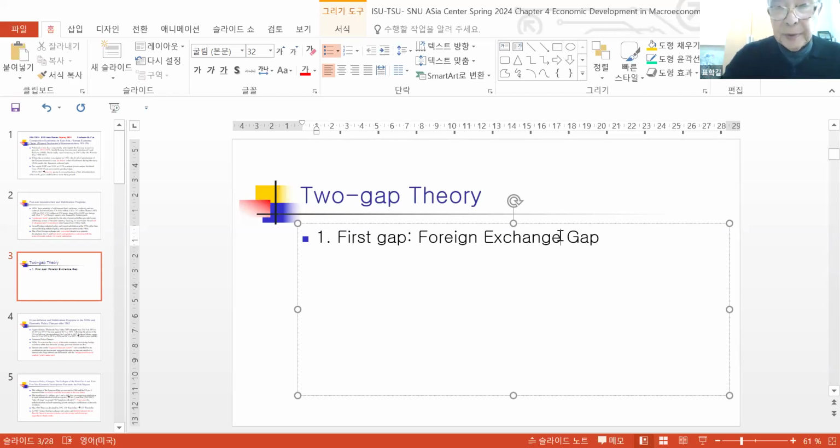Simply dollars, for example, internationally available dollars. What is the foreign exchange gap? It is always export minus import. We call this the trade balance.